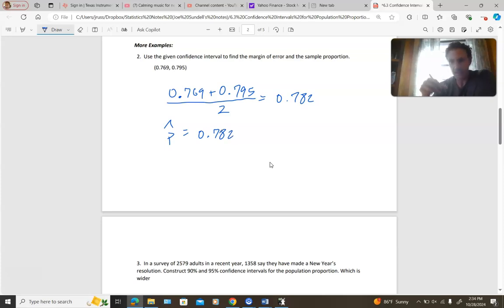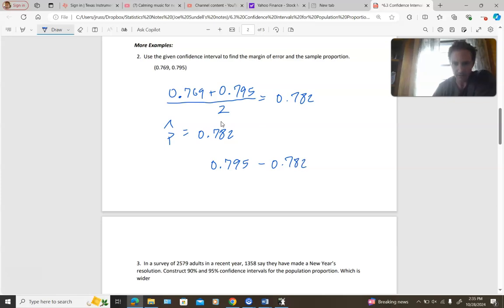Okay, and then again, what has happened to construct this confidence interval is this point estimate has had the margin of error both added and subtracted from it. So to figure out what that margin of error is, I could take the upper bound from that interval, and I could subtract from it p hat.